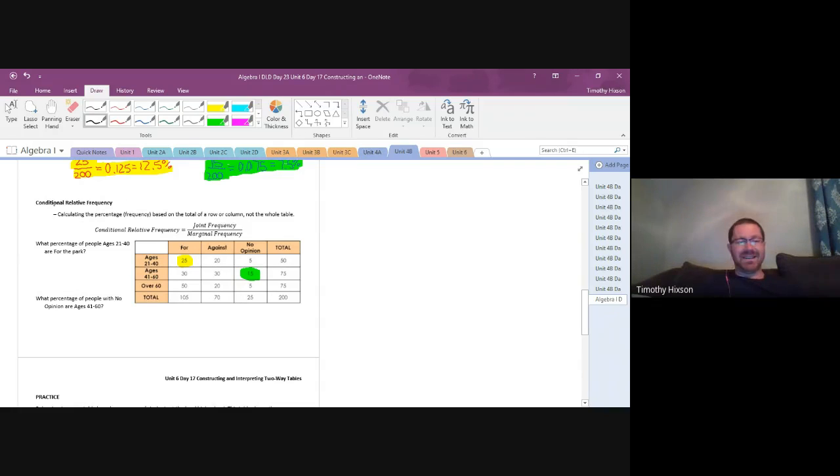And that's where this condition comes in. The condition is kind of the category that we're zoning in on. All right. So, for example, what percentage of people ages 21 to 40 are for the park? Okay.